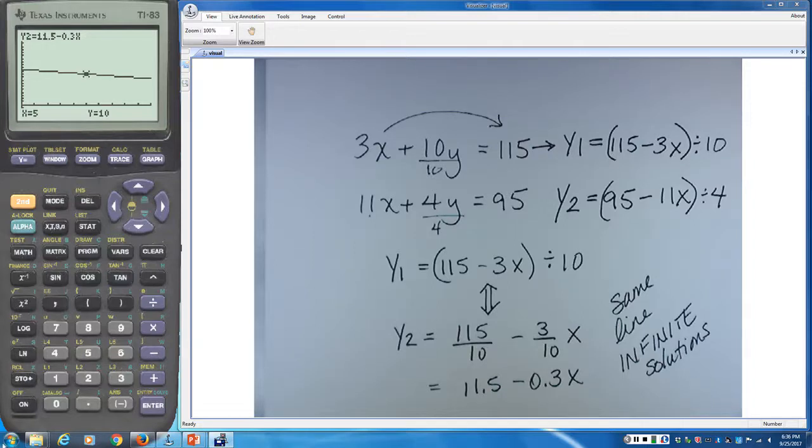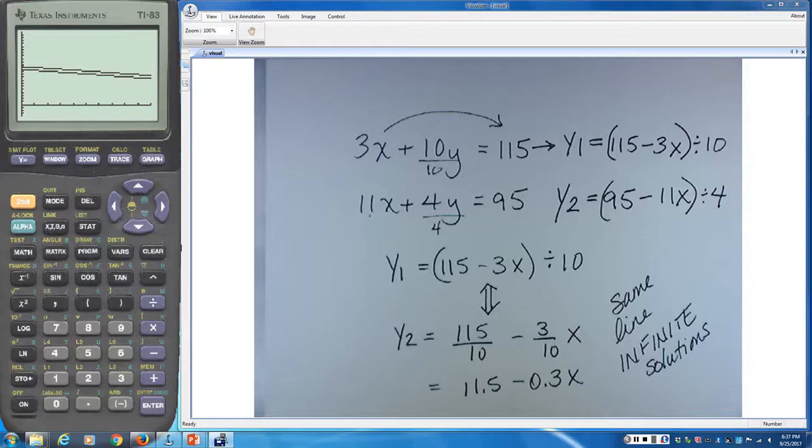Now I'm going to change that second equation again. So there goes the first one. And there goes the second one. You think they're ever going to cross? No?